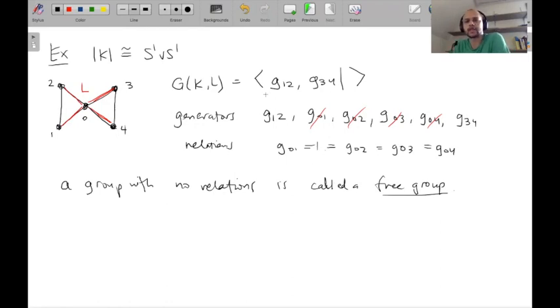The elements of this group are just words in these two generators. We could just call them A and B instead. So the elements here are just words, you know, in A and B inverse.